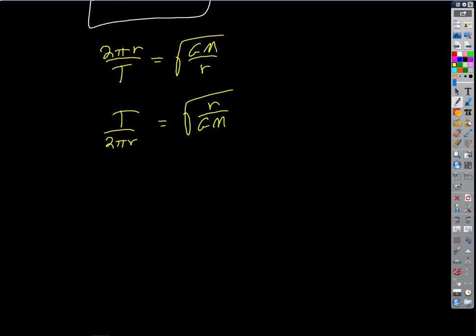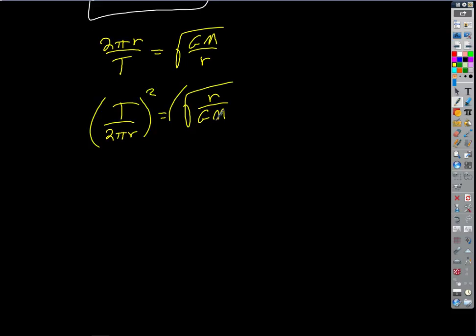Just to make things easier here, how about if we square both sides too? We wouldn't have to do this, but just to get rid of the radical. That's going to give us t squared over 4 pi squared r squared, agreed? Equals r over GM.